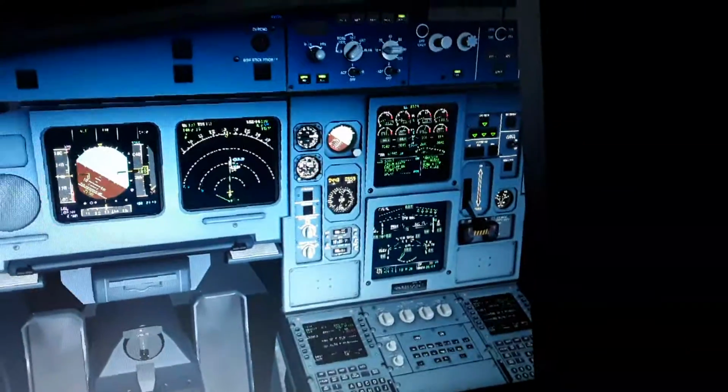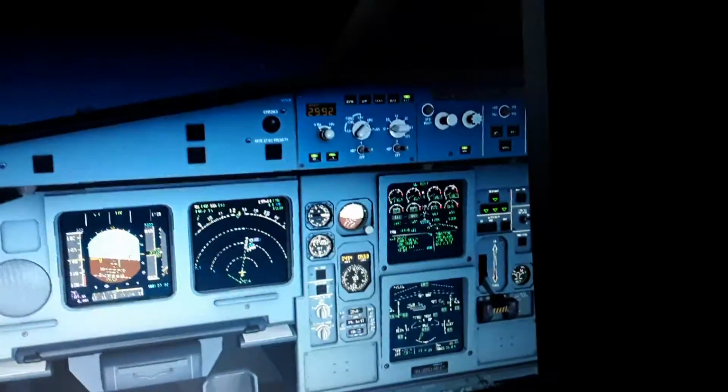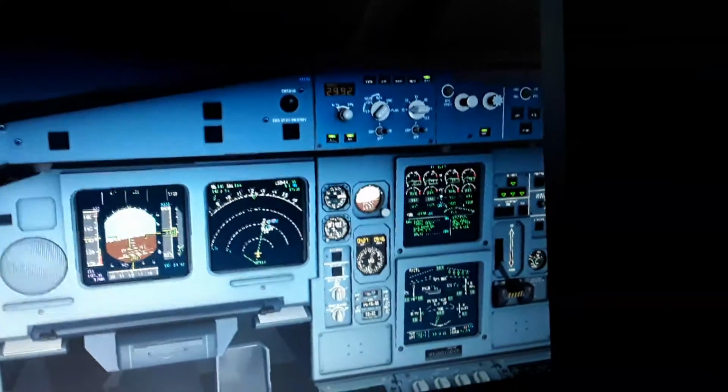It's not good for this position. We also need to align. That was a very bad cloud.